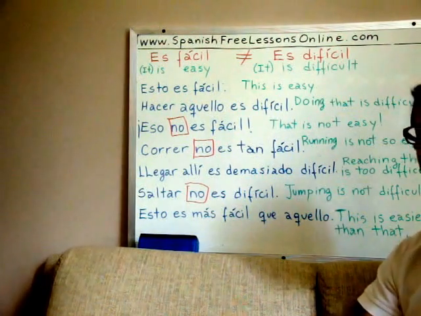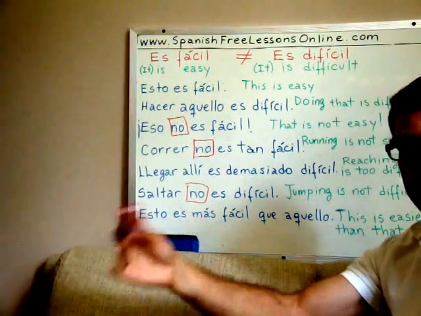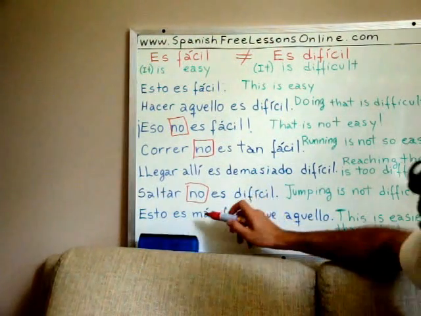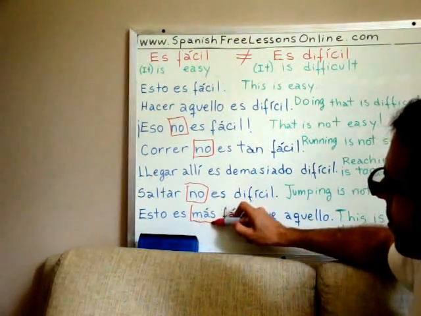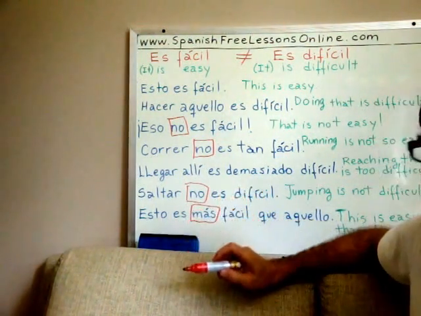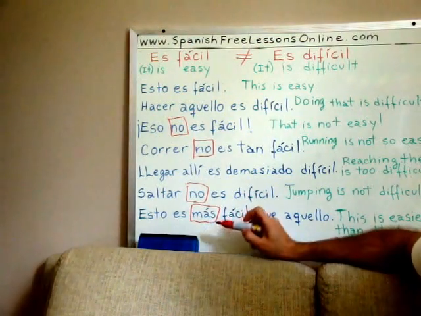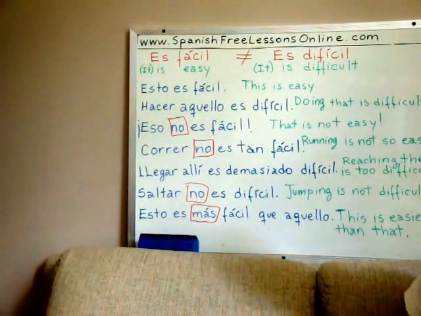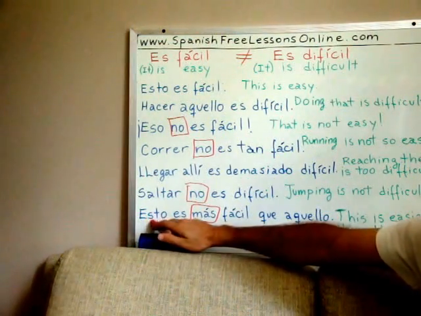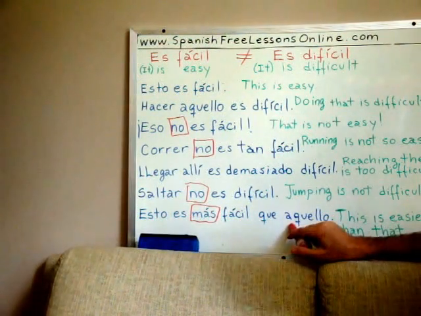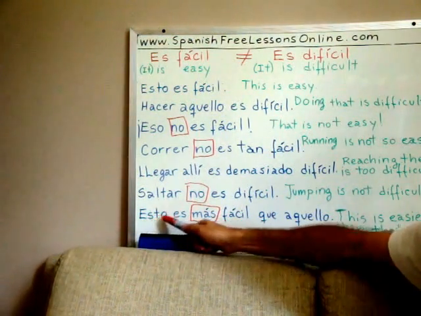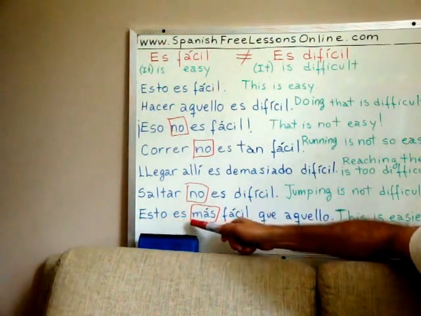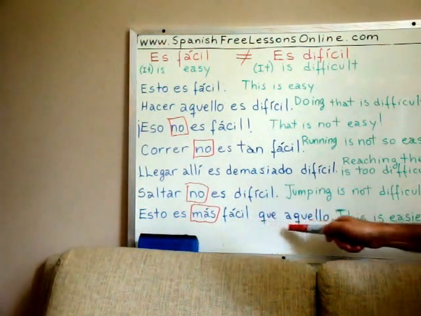We say more easy, or more, whatever adjective we want to use. So always the word more, in Spanish más, goes before the adjective. Esto means this. Aquello means that. Esto es más fácil que aquello. This is easier than that.